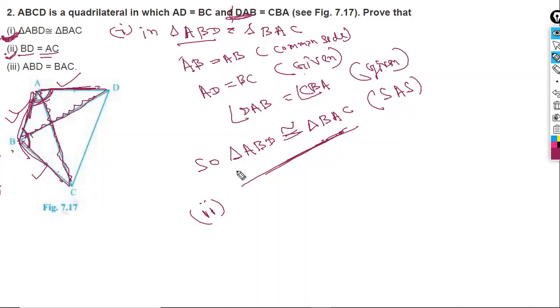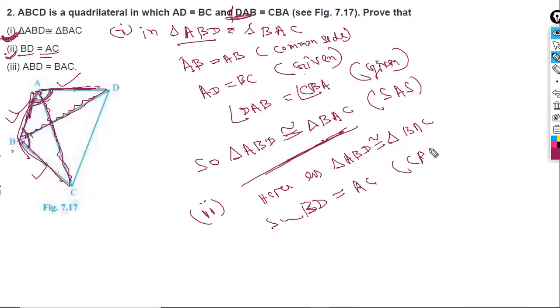You can directly write, as triangle ABD is congruent to triangle BAC, so BD equals AC. Give reason. CPCT, corresponding parts of congruent triangles. Now we'll move to (iii).